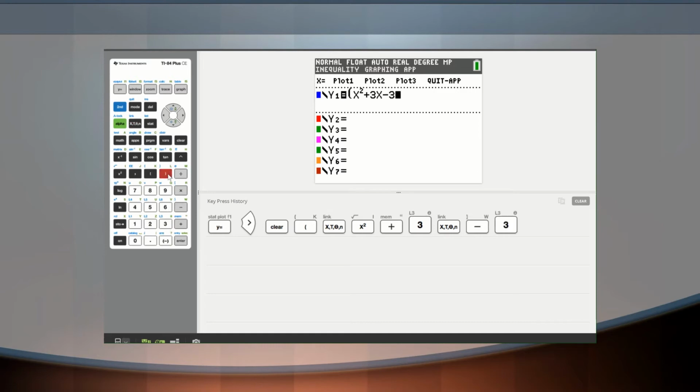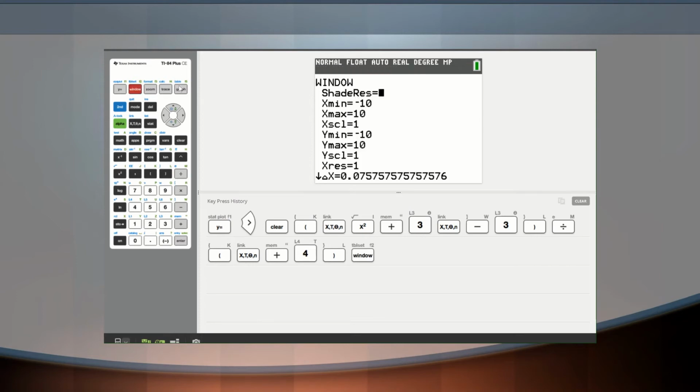Close my parentheses. Hit my division symbol. Get me another parentheses. x plus 4. I hope my window setting's on default. Let me go check. Yeah, let's see what our graph looks like.